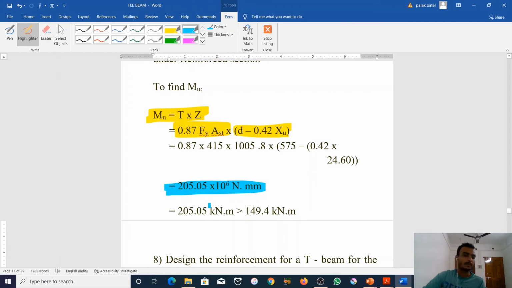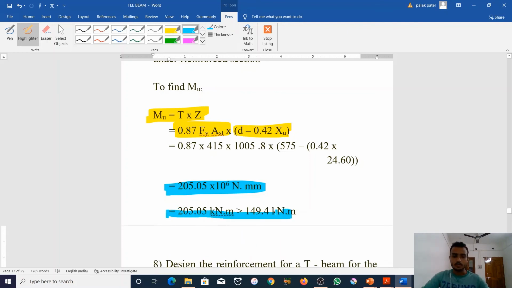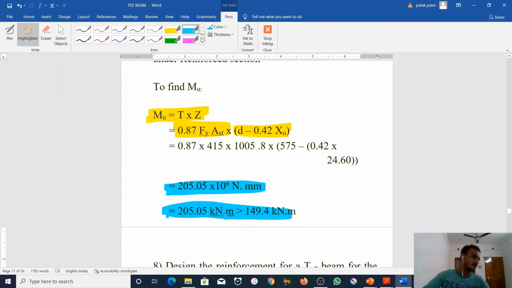By this equation you can say your design beam can carry 205.05 kilonewton meter, but we applied 149.4 kilonewton meter moment.